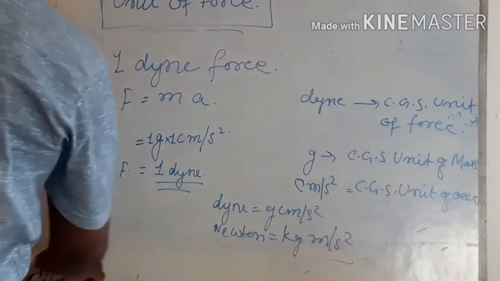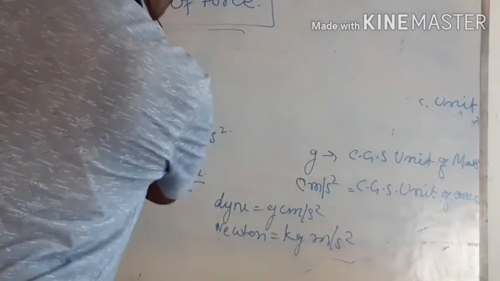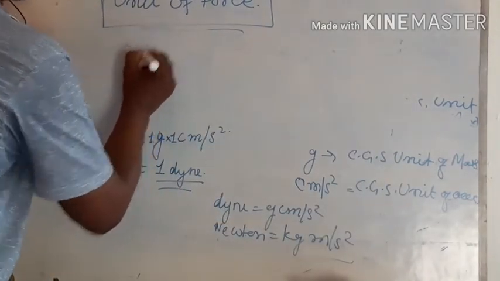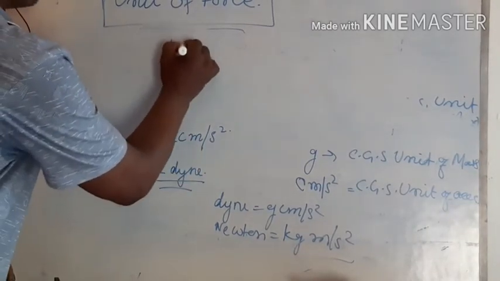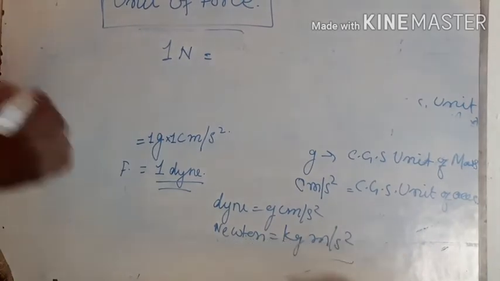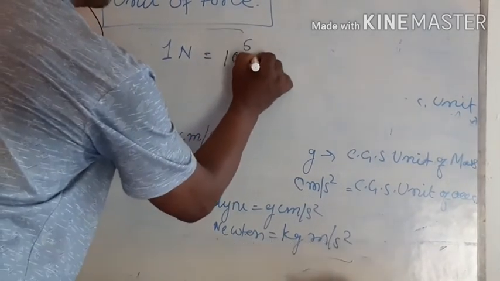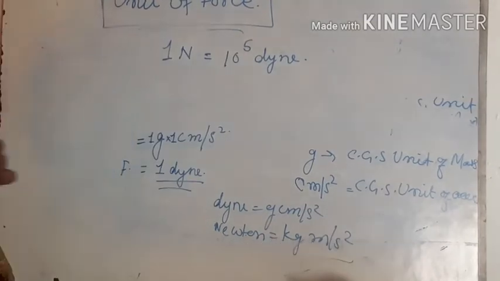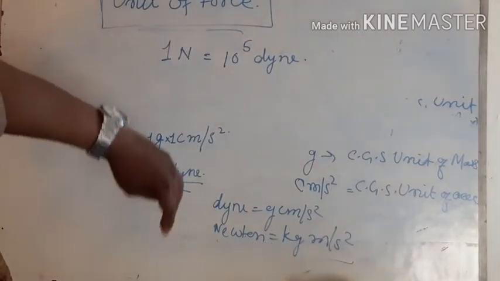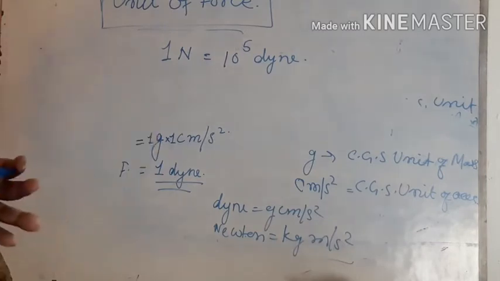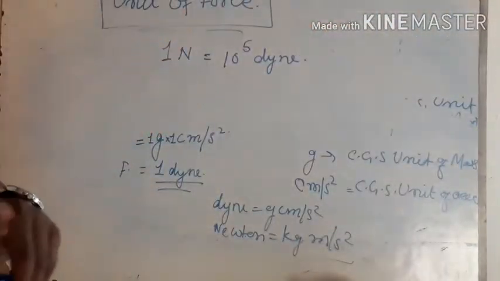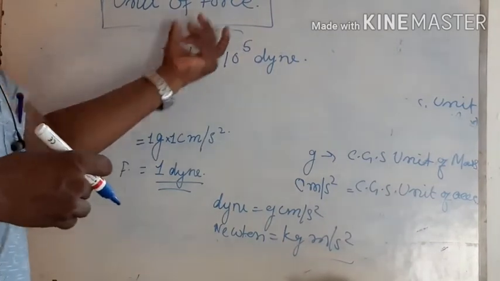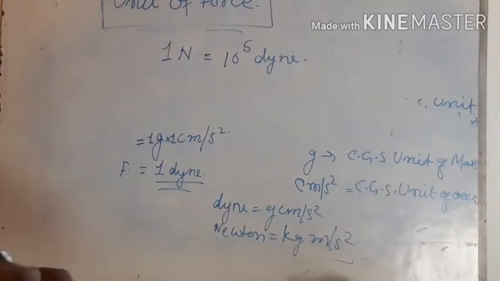And one more thing in the last, that dyne and Newton both are related to each other. दोनों एक दूसरे से हम जोड़ सकते हैं. मीन्स 1 न्यूटन में कितने डाइन होते हैं, दैट इज 10 to the power 5 डाइन. जैसे हम 1 किलोग्राम में कितना ग्राम लिखते हैं, 1000 ग्राम, है ना. उसी प्रकार से 1 न्यूटन फोर्स में कितना डाइन फोर्स होगा, दैट इज 10 to the power 5 डाइन.